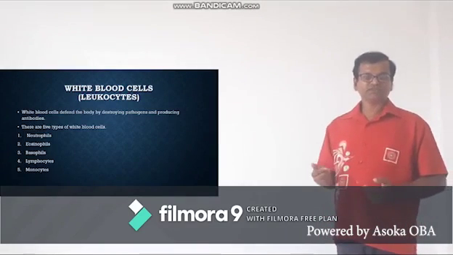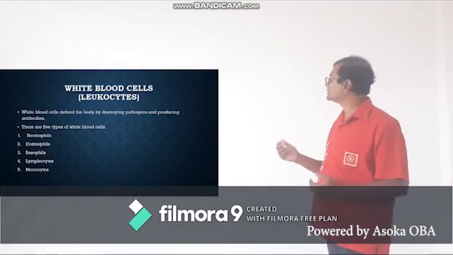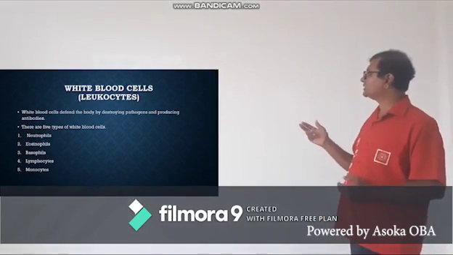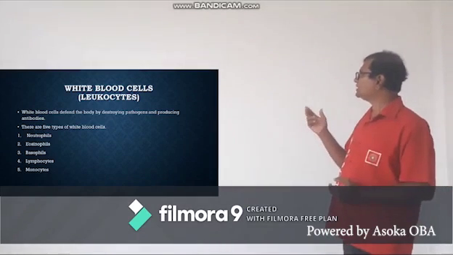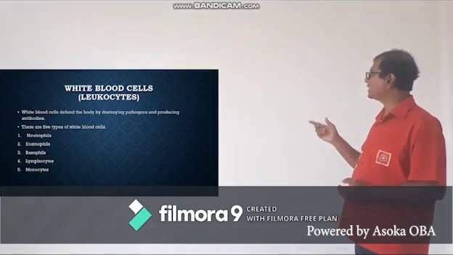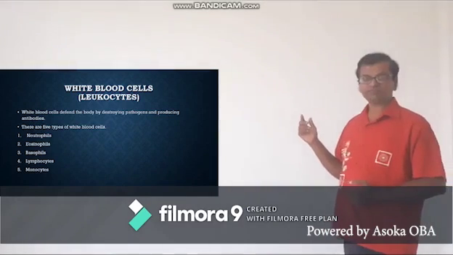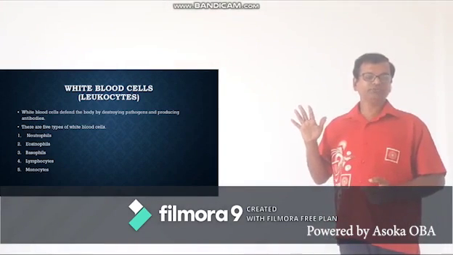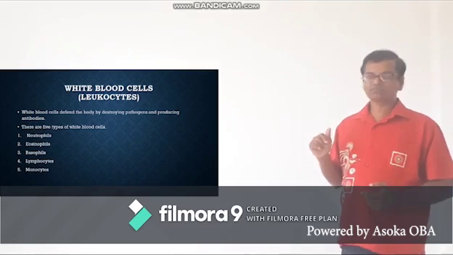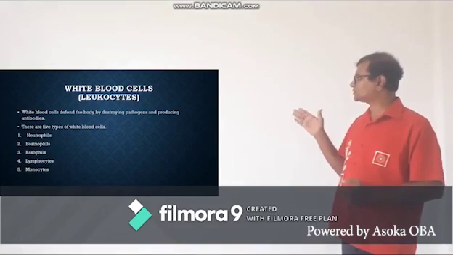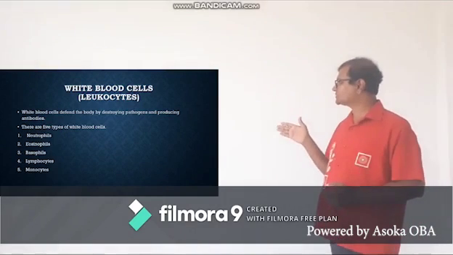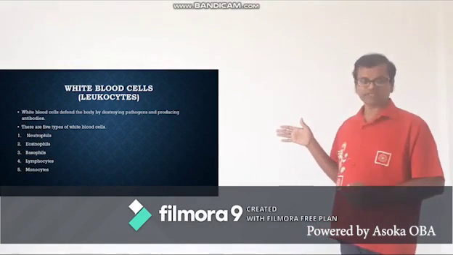White blood cells, also called leukocytes, defend the body by destroying pathogens and producing antibodies. There are 5 types of white blood cells: neutrophils, eosinophils, basophils, lymphocytes, and monocytes.